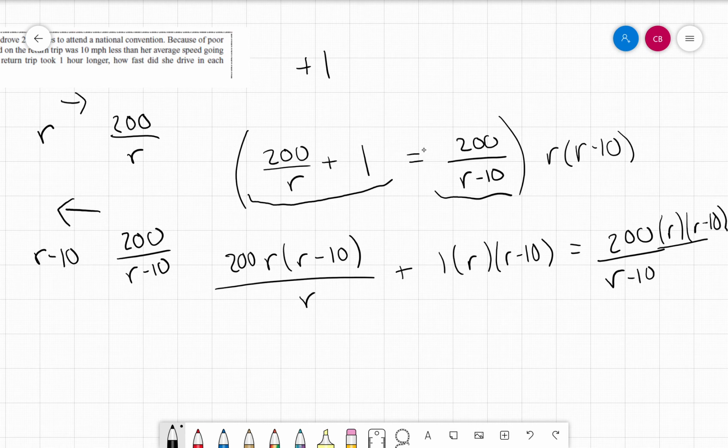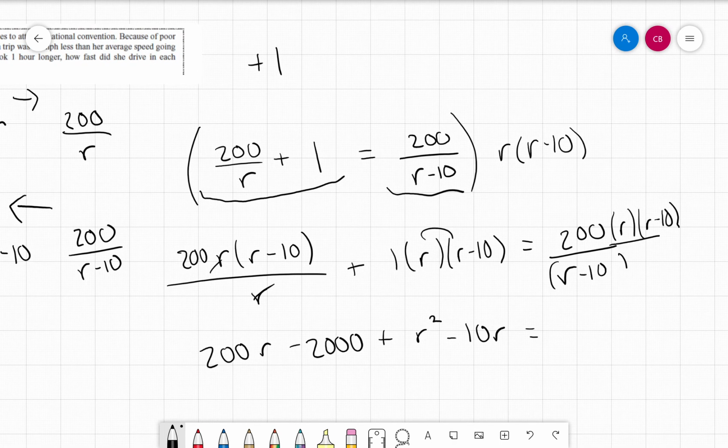We cancel r and r, and r minus 10 and r minus 10. 200r minus 2000 plus r squared minus 10r is equal to 200r.